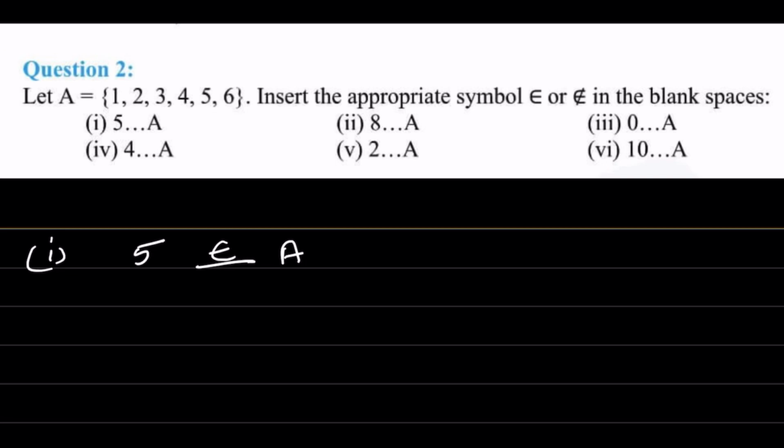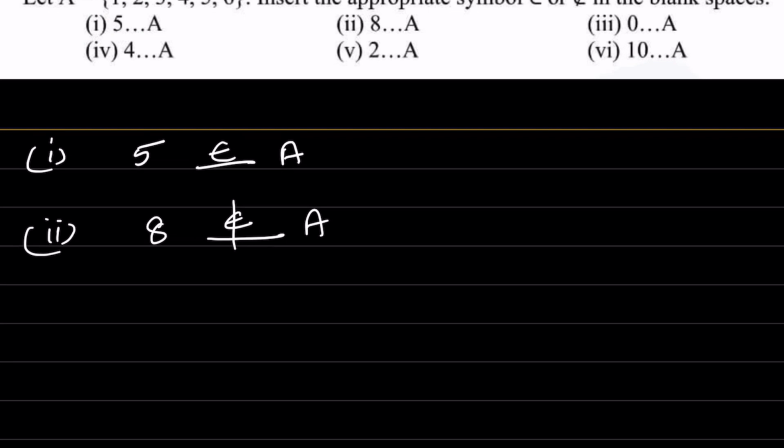Next, second one is 8 dash A. 8 does not belong to set A because it is not there in this {1, 2, 3, 4, 5, 6}. Then third one, 0 does not belong to the set A because it's not there.